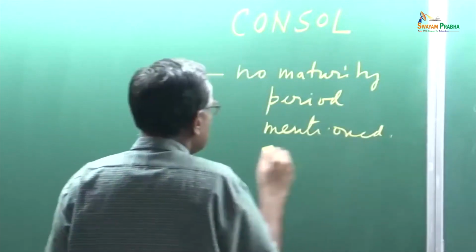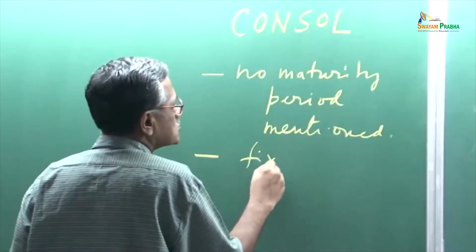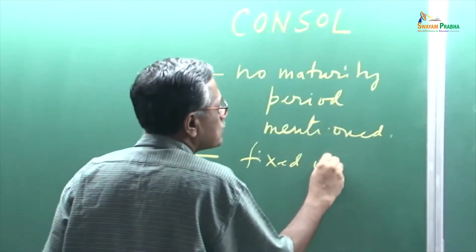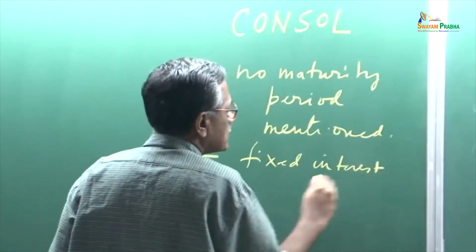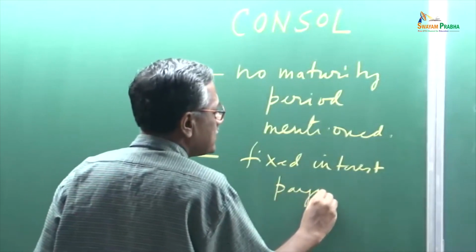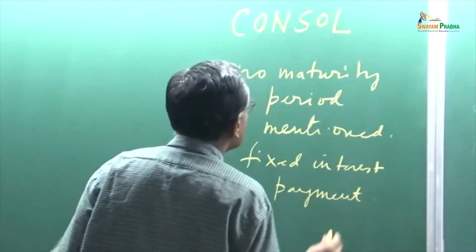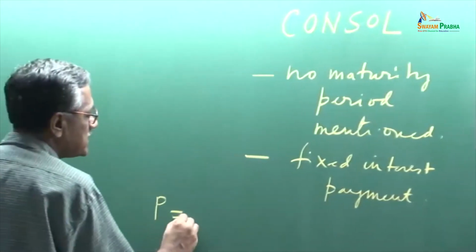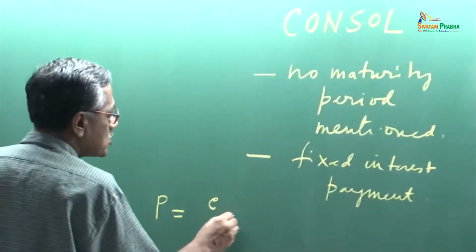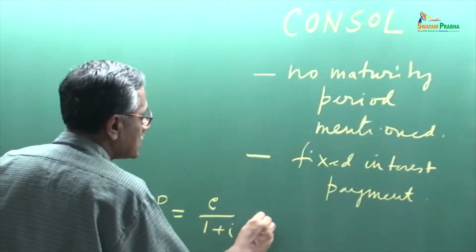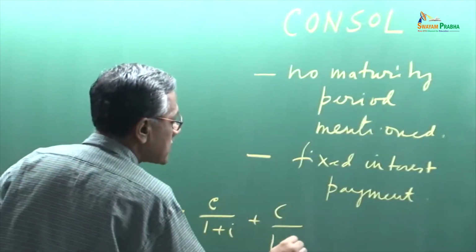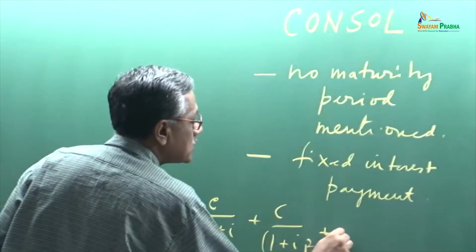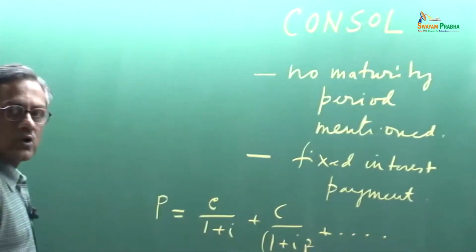And it has a fixed interest rate, of course, like a coupon bond. Fixed interest payment every year you have. So if you do a present discounted value of this equation, it is very interesting. P is equal to some coupon payment C over 1 plus I, plus C over 1 plus I squared, plus up to infinity it will go.